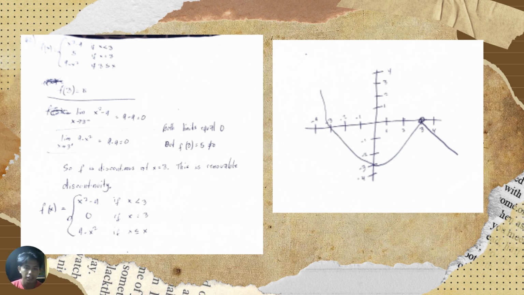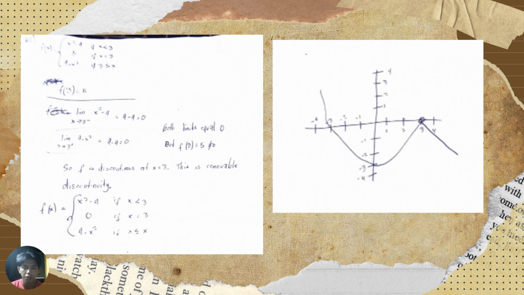Since its left hand limit is 0, we're going to put it here at 0, and then note that we are given that f of 3 is equal to 0, so we put an open circle at the number 3 of x.